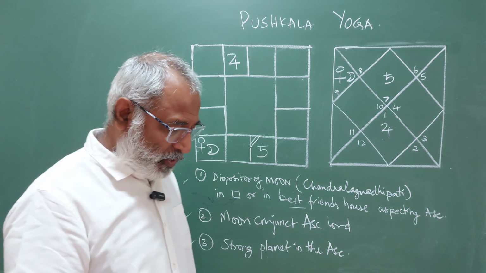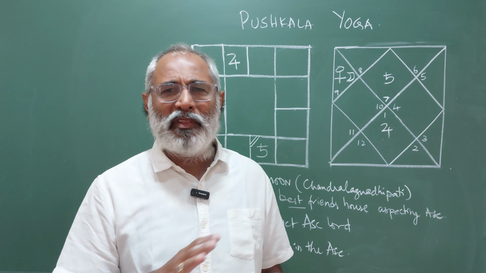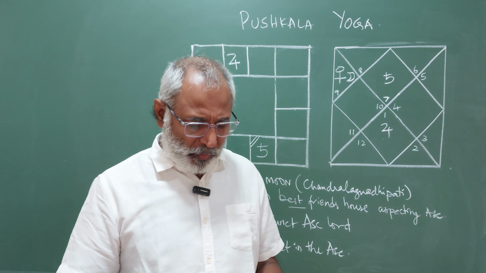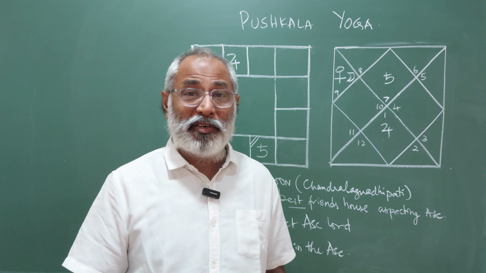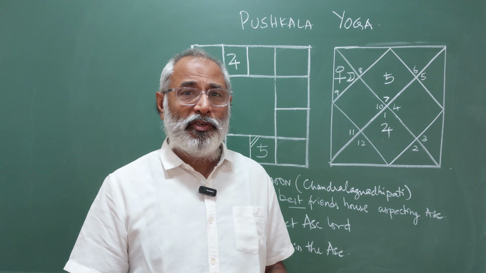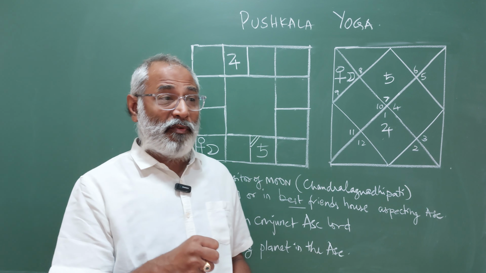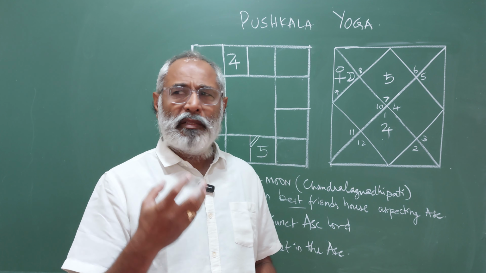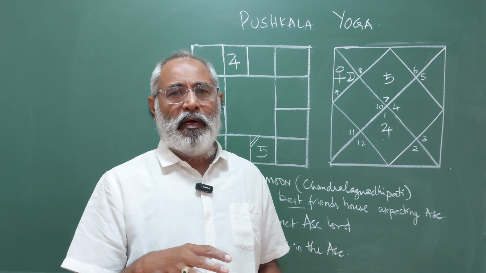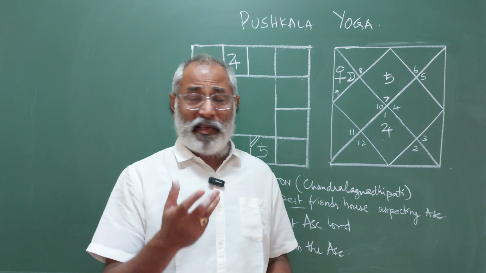Very sweet voice, well spoken, with a lot of good virtue, honored and very rich. It's not just rich, they are very rich and powerful. This is very important. Powerful in the sense that they will have a lot of influence, or good influence of the king. That's what is written here, that they are honored by the king.